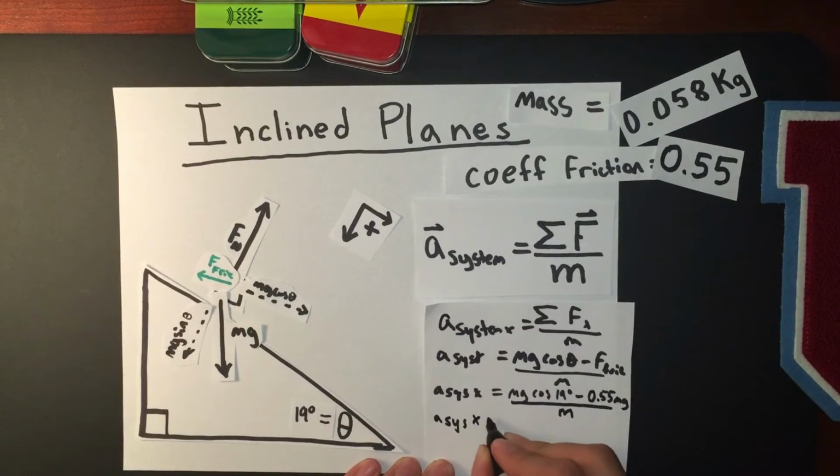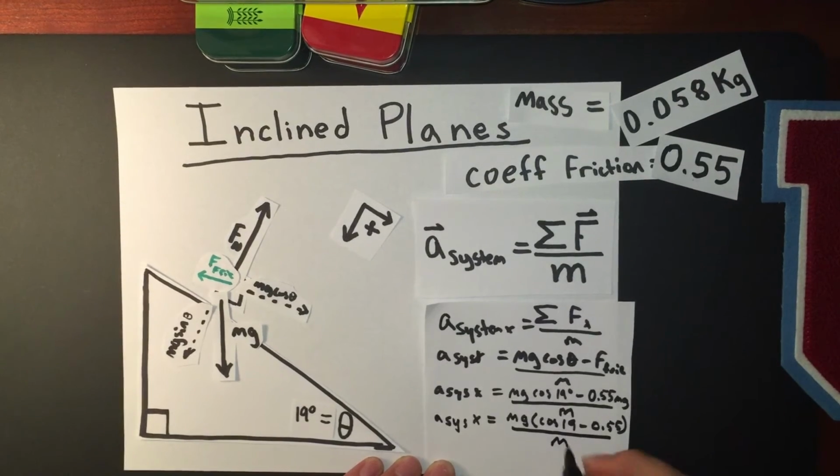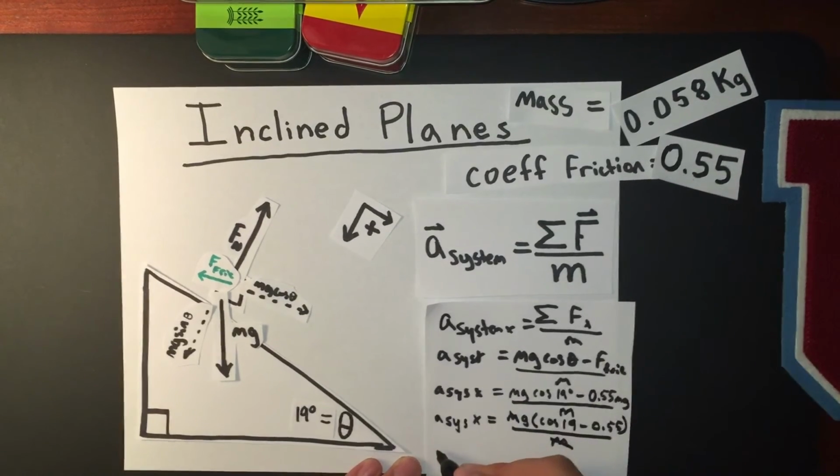Now the acceleration of the system is equal to mg times cosine 19 minus 0.55. I'm factoring out this mg that's in both terms. And now you see m divided by m, so those divide out.